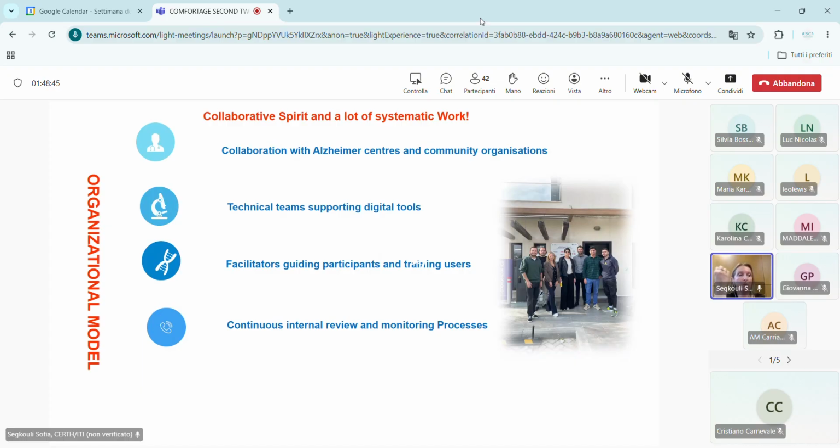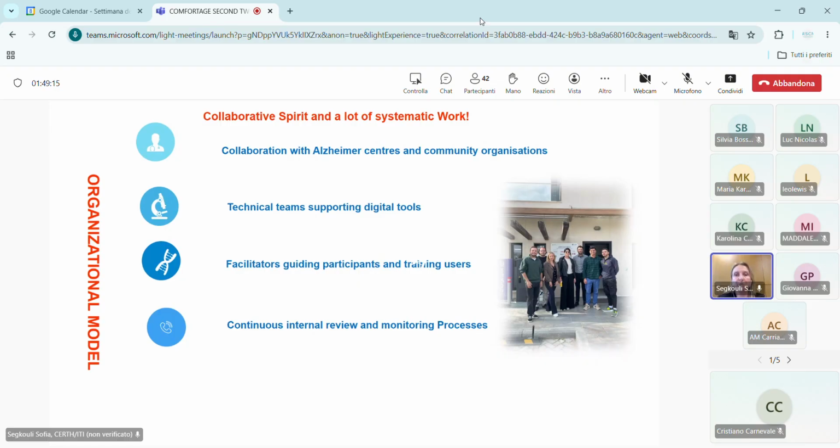Also, we have a very strong connection with the community center, and we recruit our participants from Alzheimer centers, for a very good reason: these centers provide a very high technical familiarity to their participants.